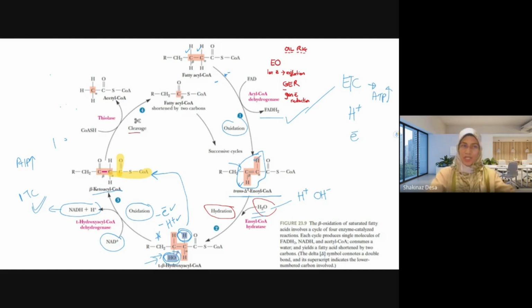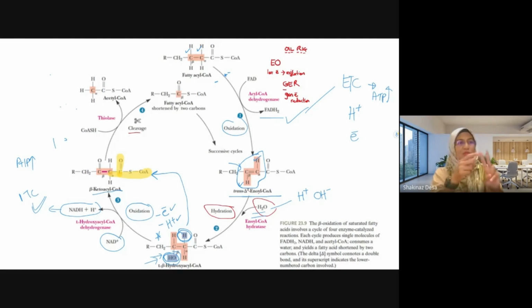When we have oxidation, remember we must have reduction. That is why we call it redox reaction. Redox reaction kan? So pengoksidaan, penurunan. Berlaku pengoksidaan sebab apa? Pengoksidaan hilang elektron, hilang proton. Proton is also known as hydrogen ion.